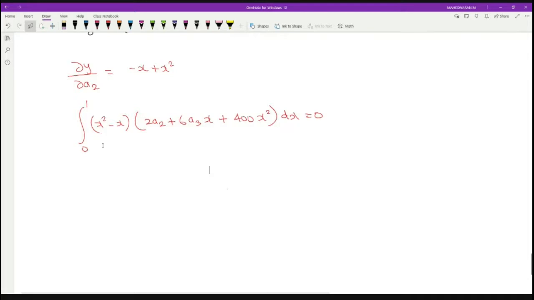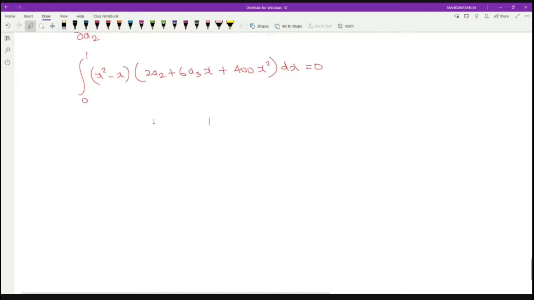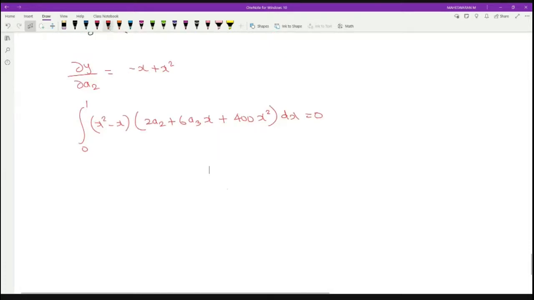So here come the complications. You can see you have to multiply it, and then you will get a long term. Then you have to integrate. So let me do that one by one. Integral 0 to 1. I'm multiplying x square first. I get 2a2 x square plus 6a3 x into x square, you'll get x cube, plus 400 x square, x power 4.